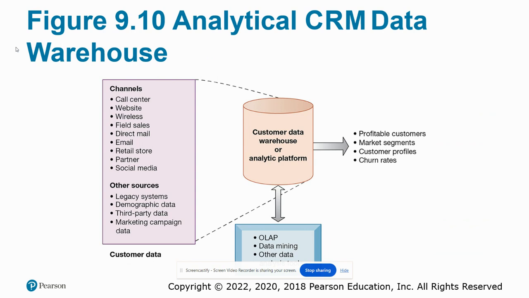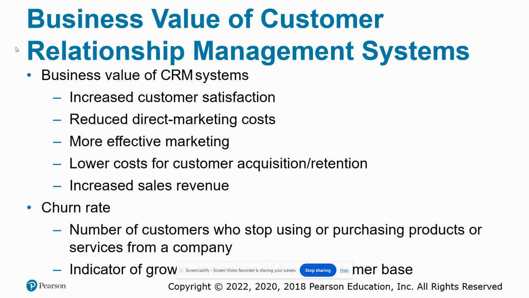Data is captured from the various channels and fed into a customer data warehouse or analytical platform, where OLAP, data mining, and other analysis tools help identify profitable customers, churn rates, and so on. Again, we look at the value to businesses of implementing CRM software.